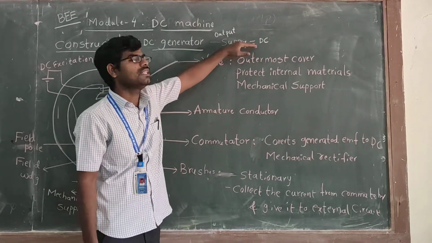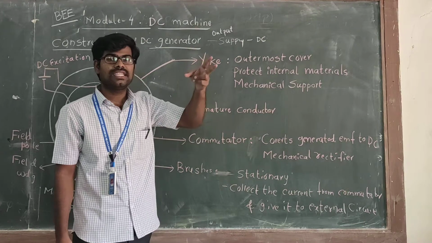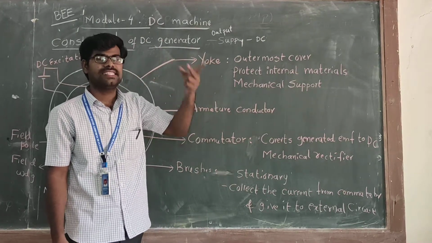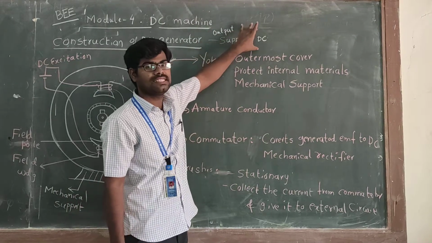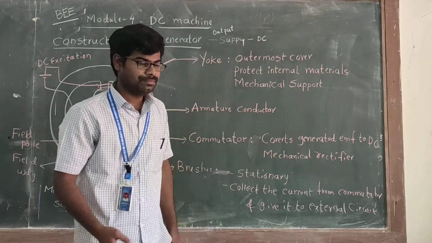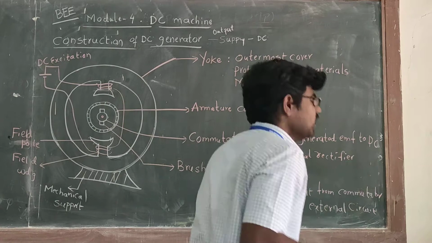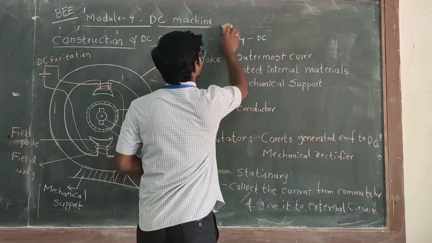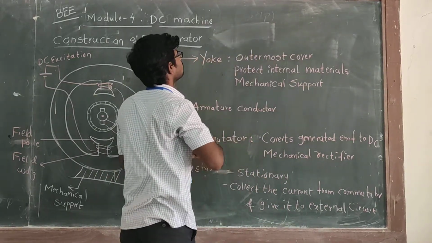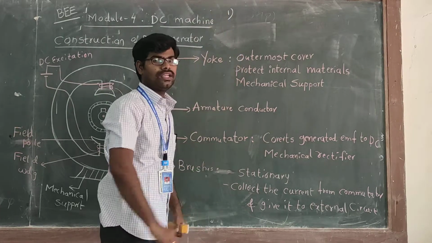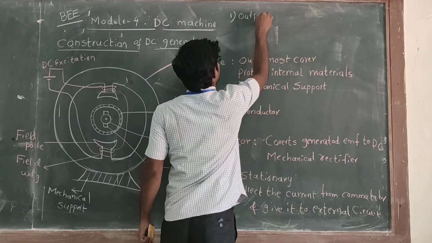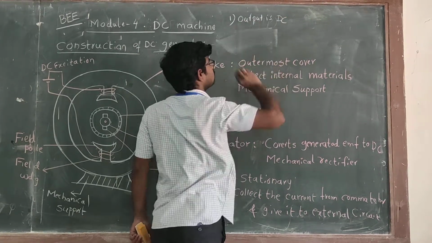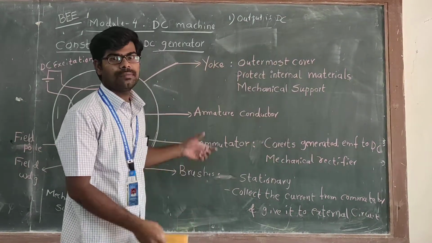In the case of the synchronous generator, the output was AC, but in the case of the DC generator, the output is DC. That is one important difference. That's why we use a commutator and brushes in between. We shall study that.